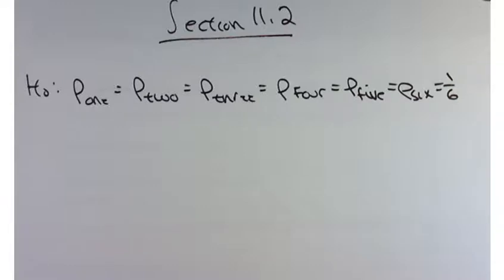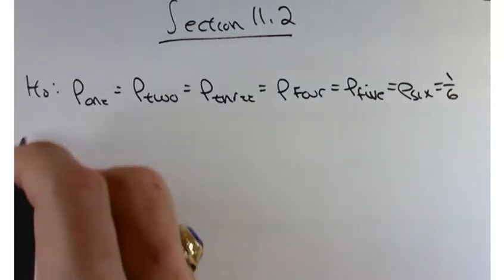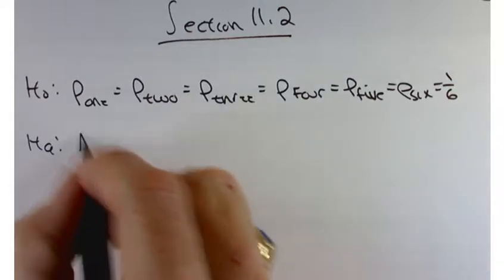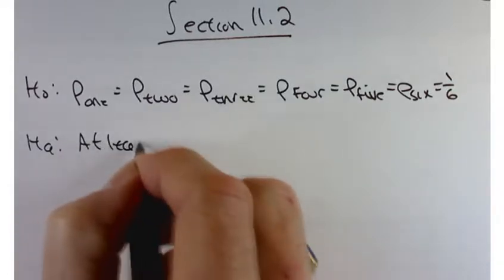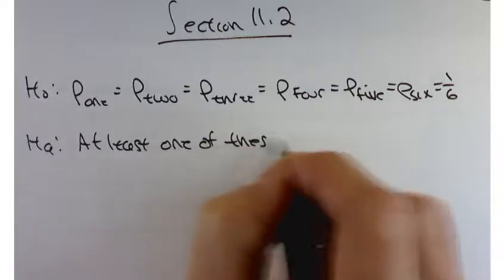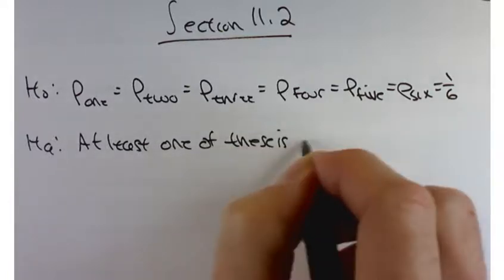So that would be your null hypothesis. Your alternative hypothesis is that at least one of these is different.